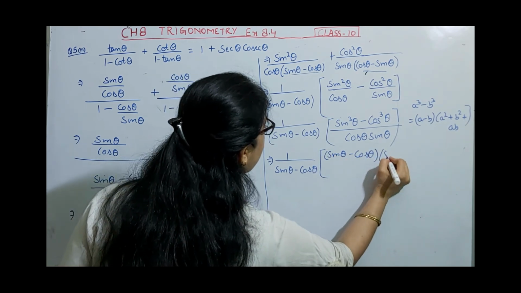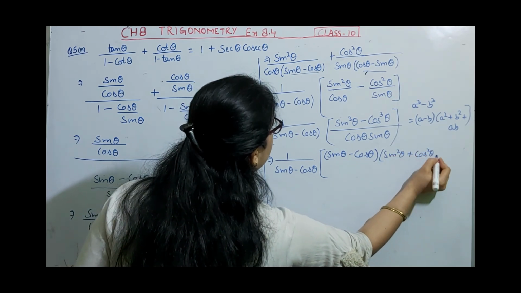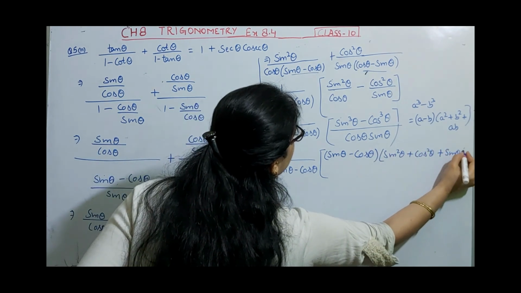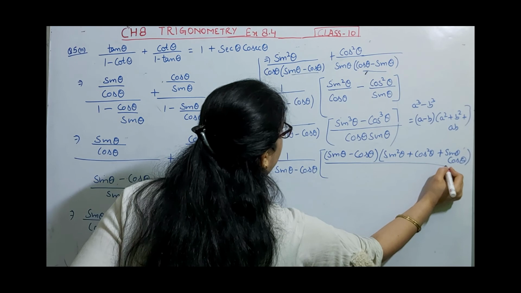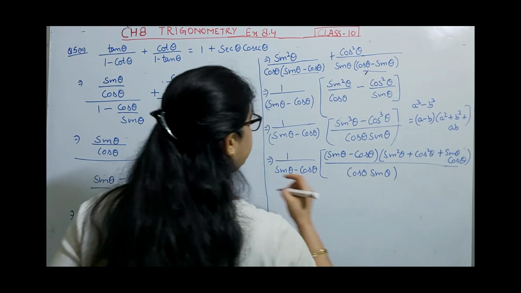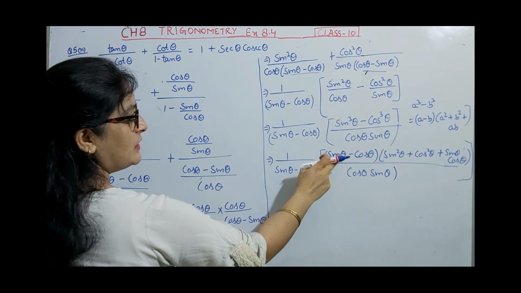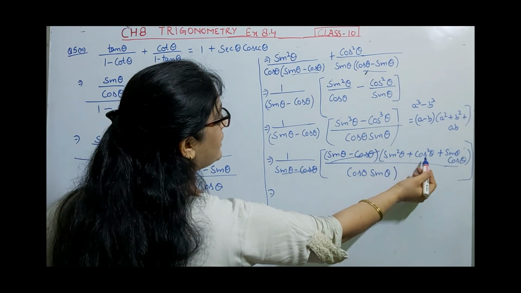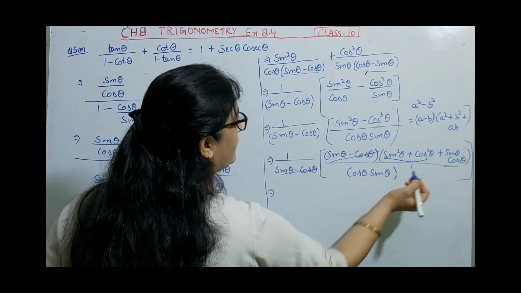Next, a square, sin square theta plus cos square theta plus ab. ab is sin theta times cos theta, divided by cos theta sin theta. Next, sin theta cos theta cancel. Next, sin square theta plus cos square theta. It is the identity. It becomes 1.